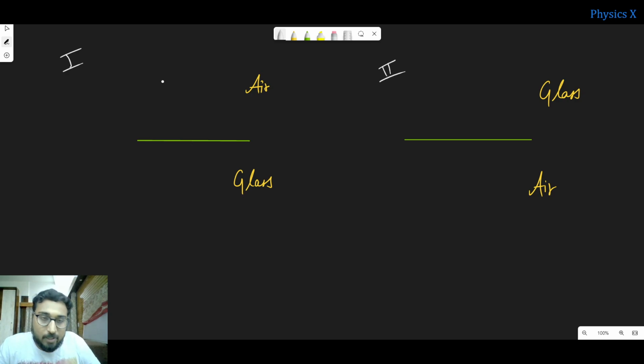Here it is air and glass. In this case I am taking glass and air is here. First case is this, second case is this. In this case the ray of light is traveling in the air medium, which I will mark as medium 1, and this is your medium 2 here.